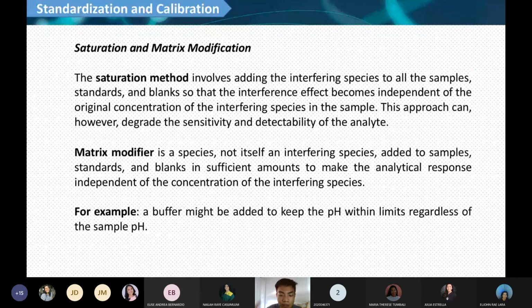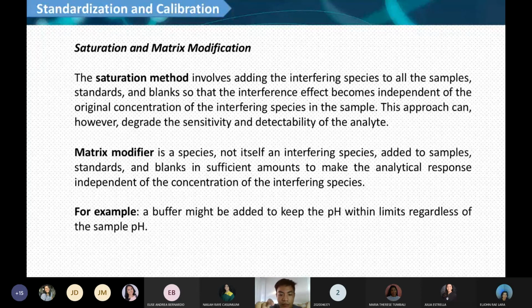So, ang pwede nyo gawin is that you add the matrix modifier. So, ano yun? So, yung mga matrix modifier, yun yung magre-result na maghihiwalay yung other substances with your desired substance. No? So, ang mangyari doon, pag nilagay mo yung matrix modifier, pwede mag-coagulate yung mga red blood cell, white blood cell, magsama-sama sila.